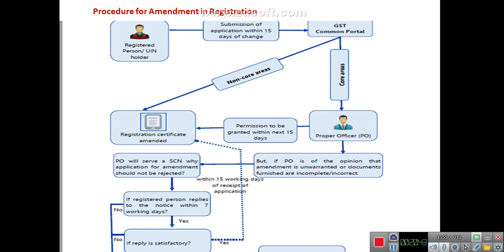Then GST authorities will verify that application, and if the change is related to non-core areas, then they will amend the registration certificate. If the change is related to a core area, then the proper officer may grant permission within the next 15 days.